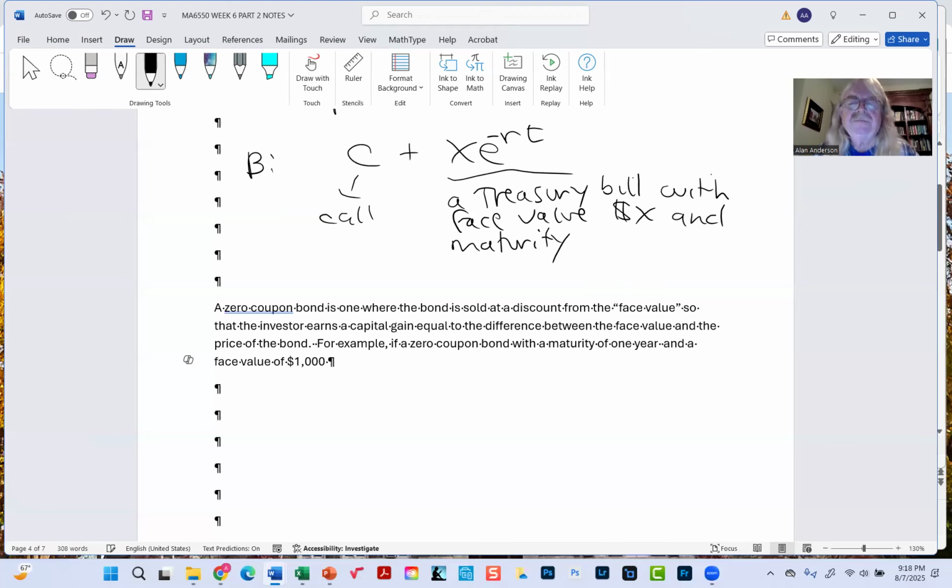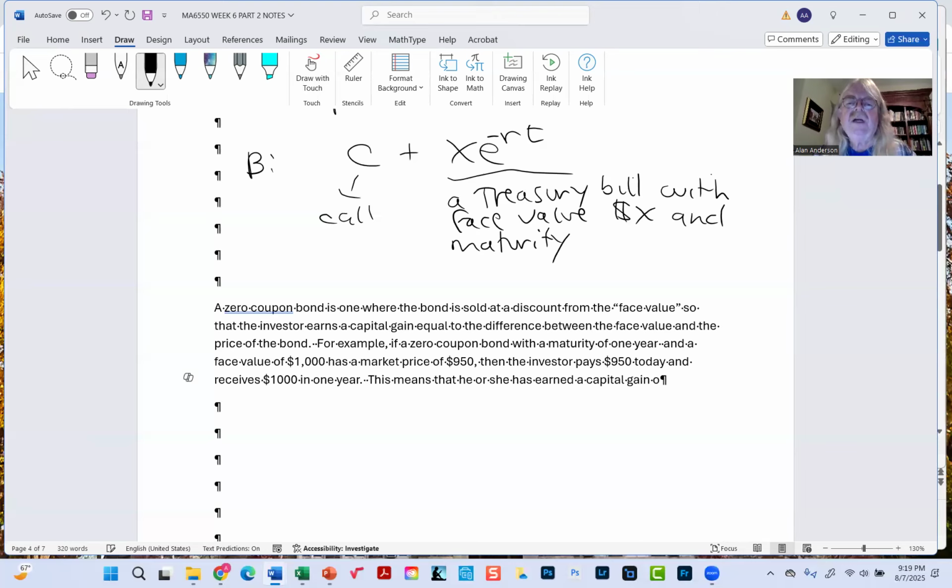Let's just say $950. Then, well, you can see what's going to happen here. The investor pays $950 today and receives $1,000 in a year. This means that he or she has earned a capital gain of $50. Okay, so that's what's happening here.